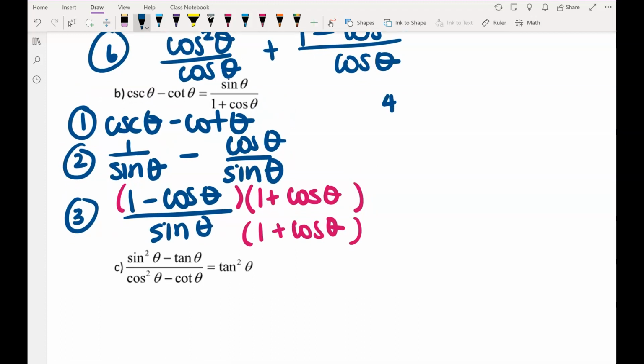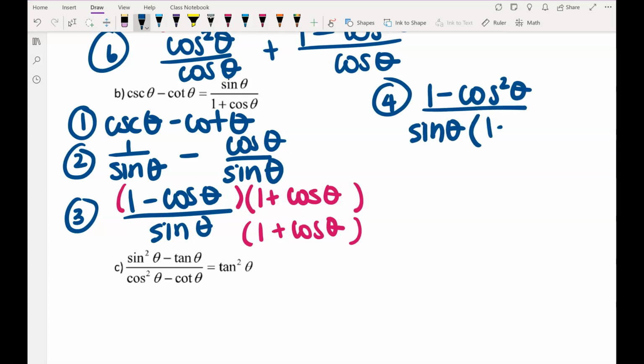Okay. All right, so I'm going to move it up here. That's step 4. So on the top, 1 minus cosine square, right, students? All over sine of theta times 1 plus cosine of theta. Now what? Keep in mind your goal. 1 minus cosine squared theta is sine squared theta. Okay.